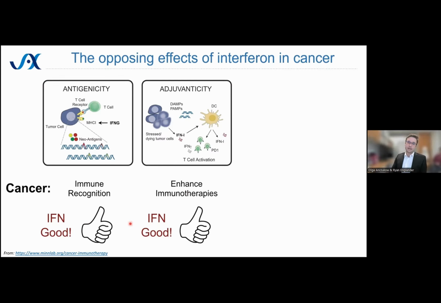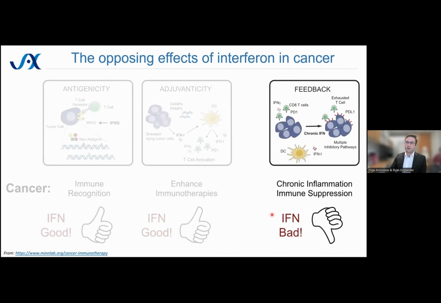But what we've recently come to understand is that interferon can also be bad in certain contexts. Chronic interferon signaling inside tumors that occurs at low levels for a long period of time can lead to immunosuppression and immune exhaustion and actually contribute to immune evasion and treatment failure in immunotherapy and in anti-tumor immune responses more broadly.